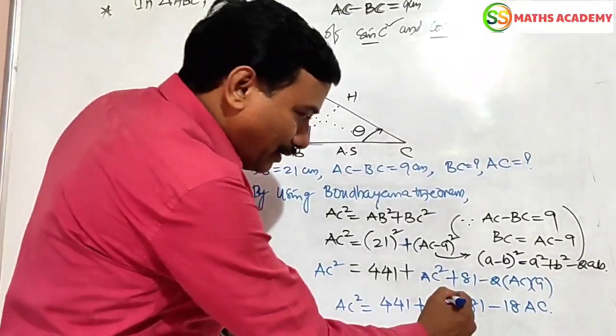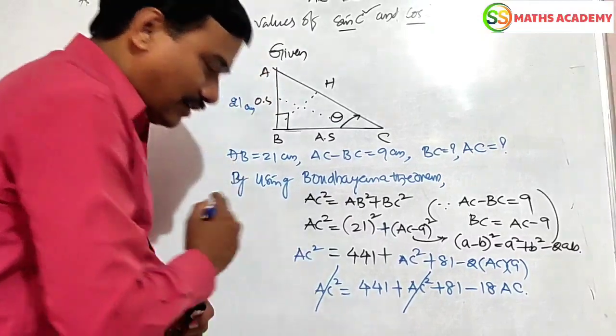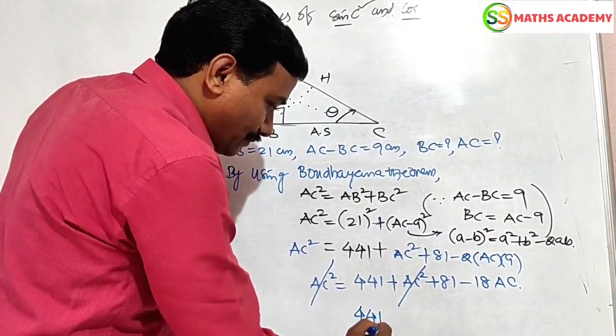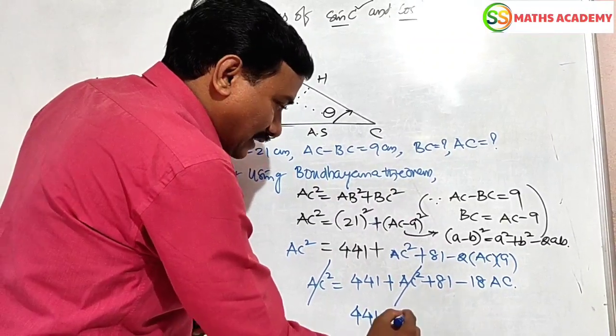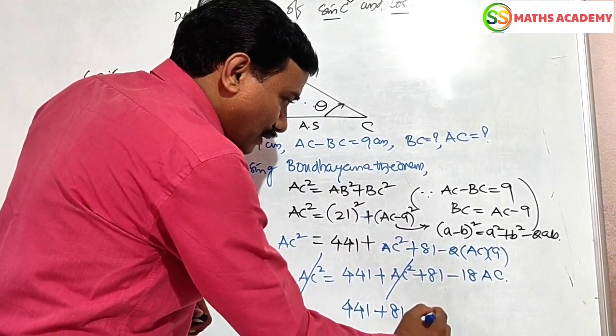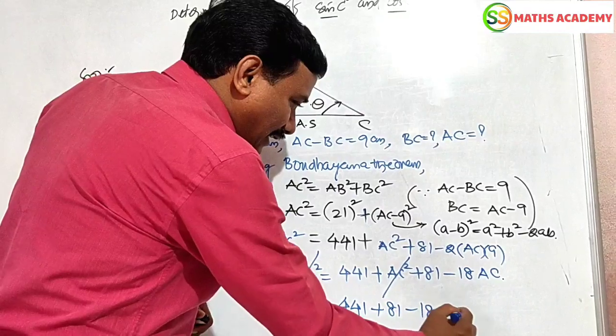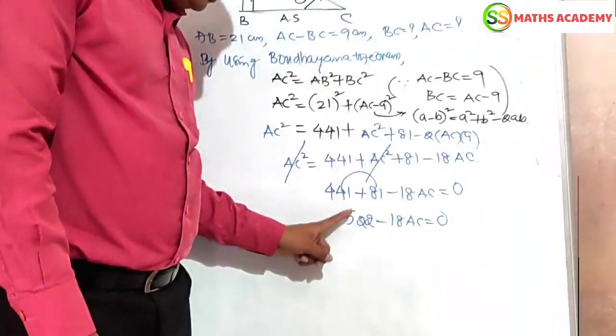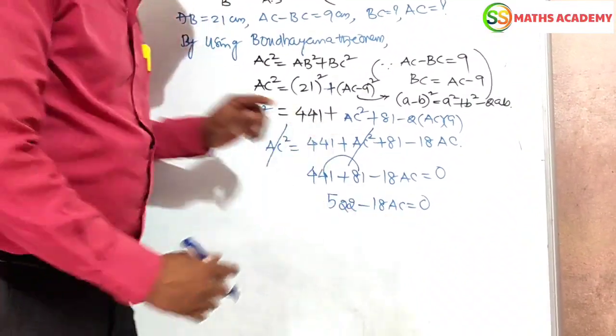Next, similar terms: AC square cancels. Now 441 plus 81 minus 18 AC equals 0. The sum is 522 minus 18 AC equals 0.